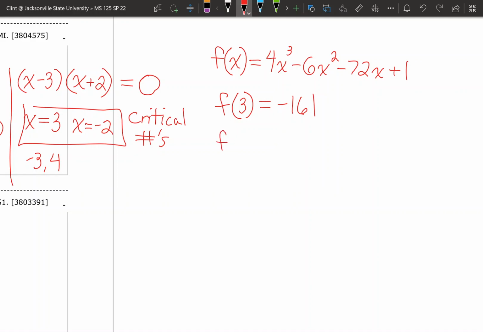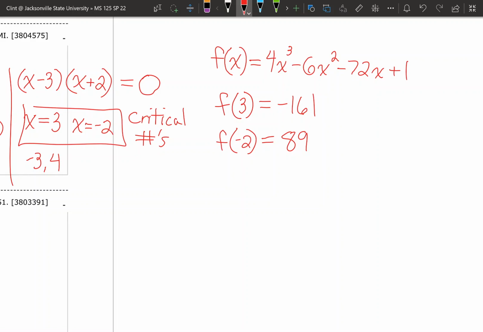Let's see f of negative 2. That's 4 times negative 2 cubed, which is negative 8, minus 6 times negative 2 squared, which is 4, minus 72 times negative 2 plus 1. That one I get 89.